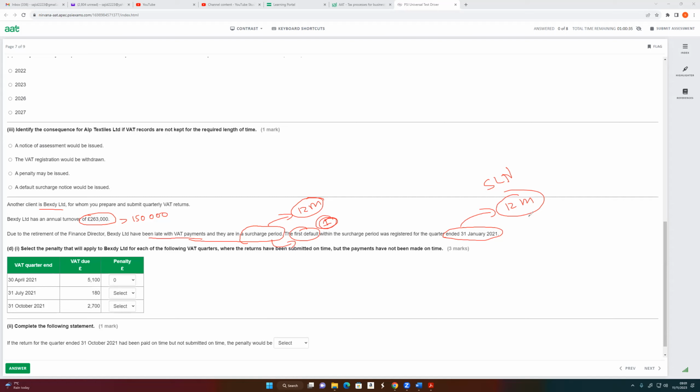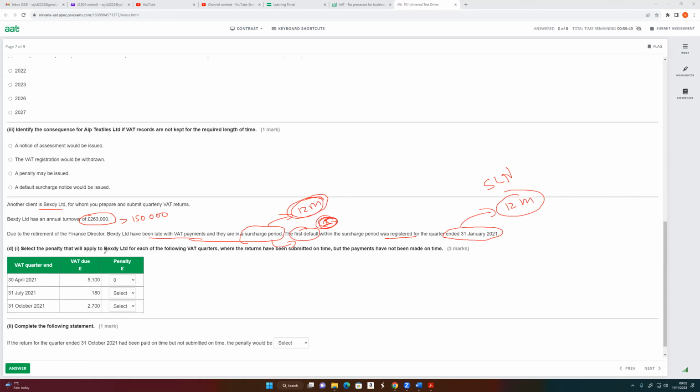First we have a default period, and within the surcharge period, if we default again, that is the first default, and the SLN will be reset to another 12 months. So from the quarter ended 31st of January, that's my first default registered. That means the quarters ended April, July, October will be for another 12 months. So if I'm late again after this 31st of January, I'll get more penalty. Even for this first default, I'll get the penalty.